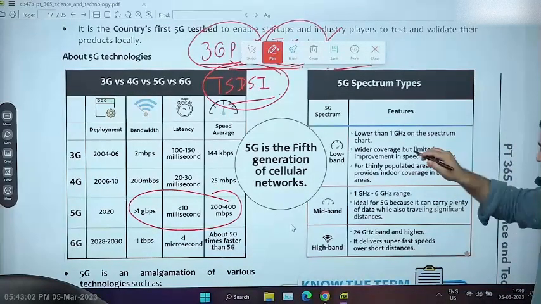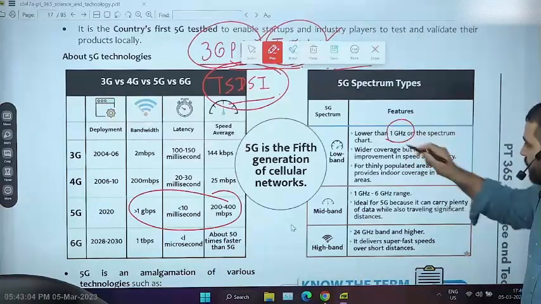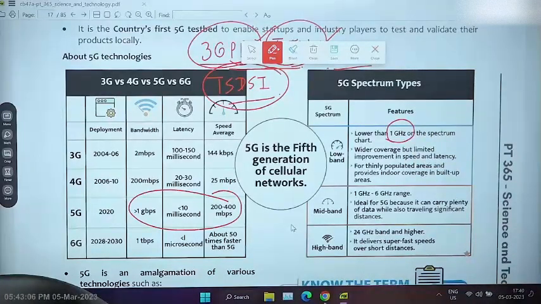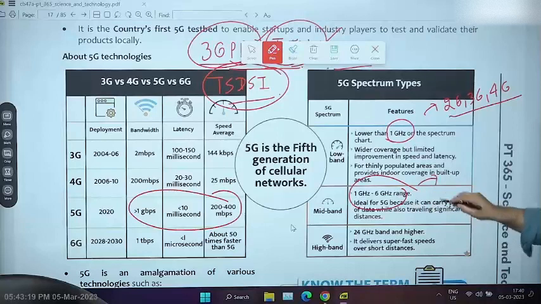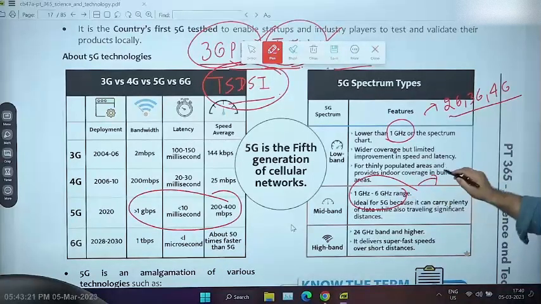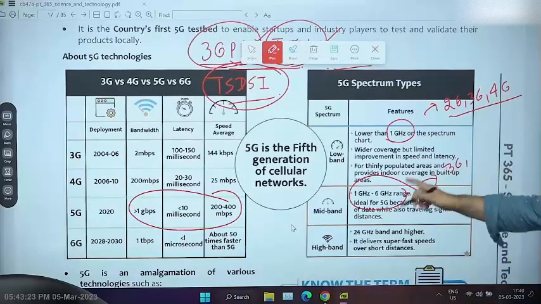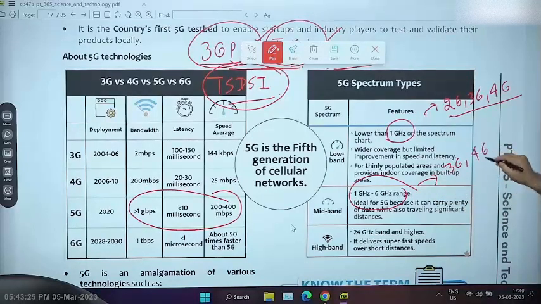If the radio frequency is less than 1 gigahertz, this frequency was also used for 2G, 3G and 4G. Then there is also a frequency from 1 to 6 gigahertz that was also used, especially 1 to 2 was used for 3G and 4, 5 was also used for 4G, and will also be used for 5G.